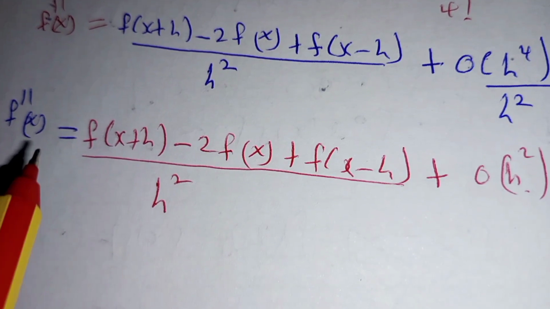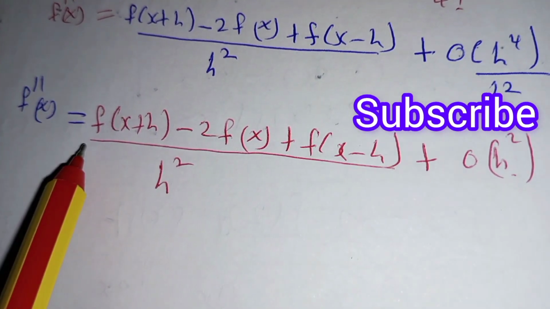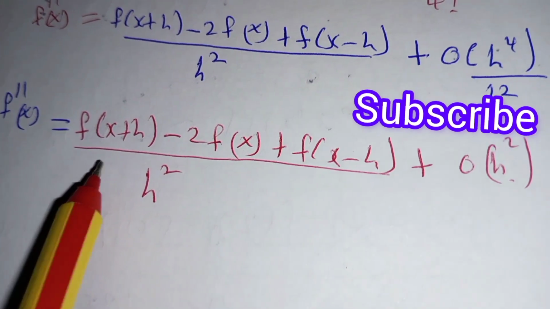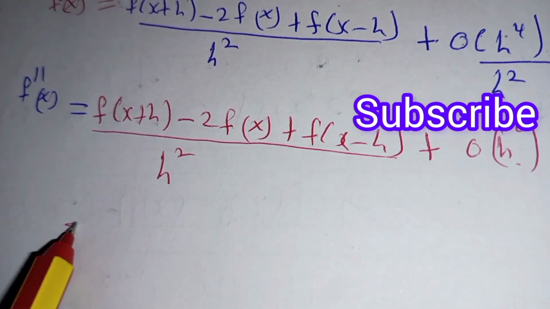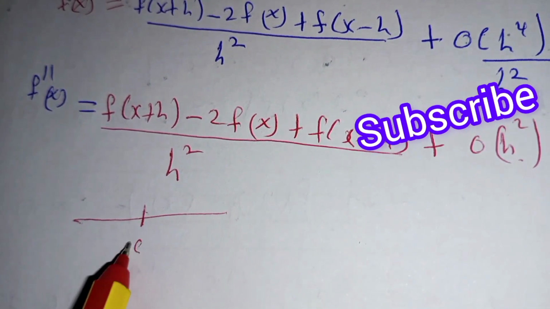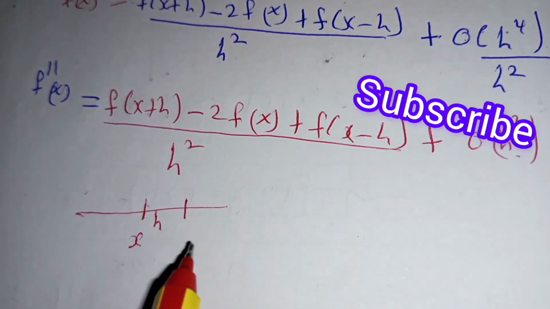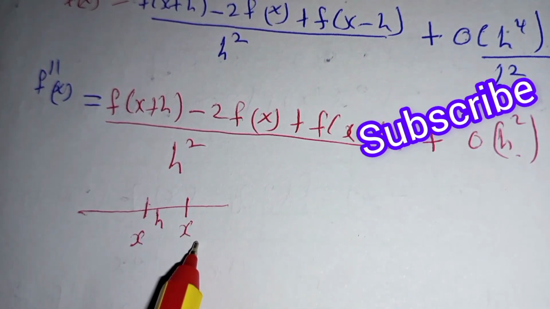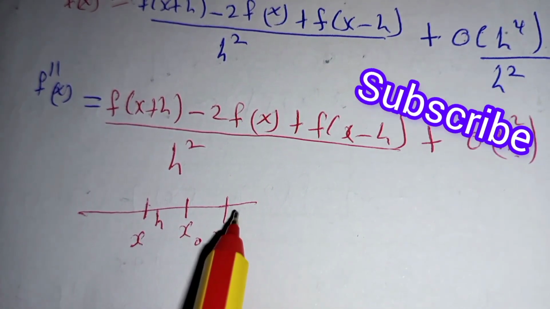Today's objective was to show that the second derivative can be approximated numerically by this function here. And note that what we are considering here is our function, this is our x, and the intervals are equal, from x naught to x1.